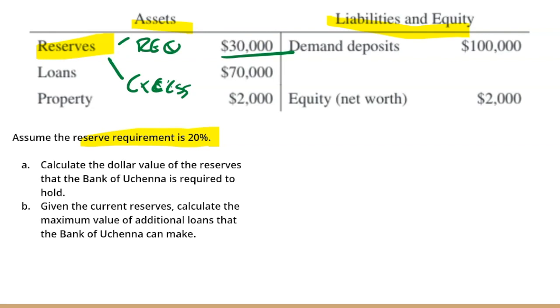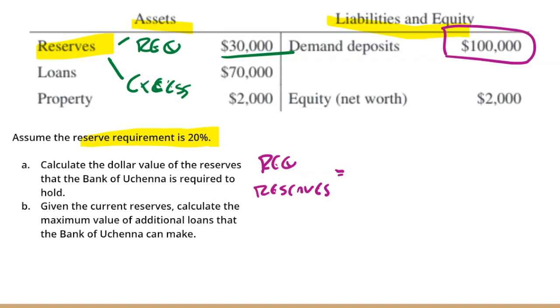So part A: calculate the dollar value of the reserves that the Bank of China is required to hold. In other words, what this question is asking is, what is our required reserves? So out of that $30,000 in our total reserves, how much of that does the bank need to hold on to? Well, to get there, we have to look at our demand deposits.